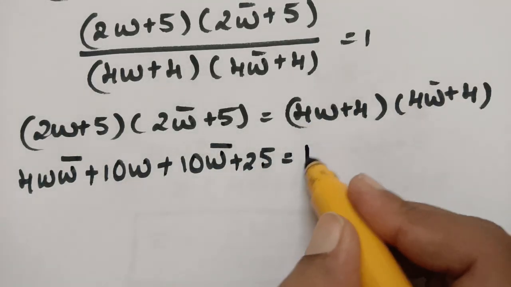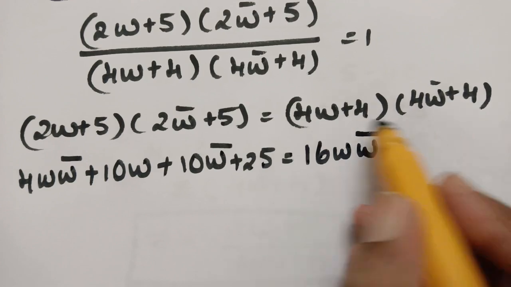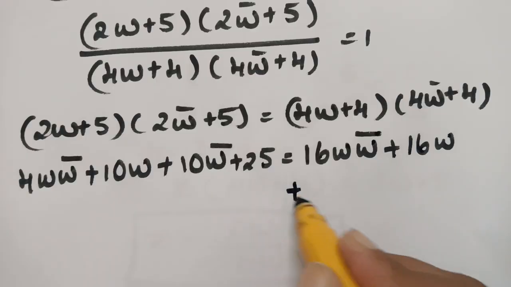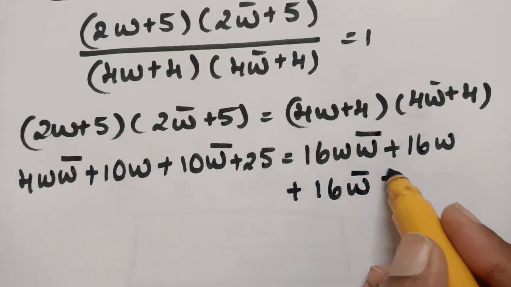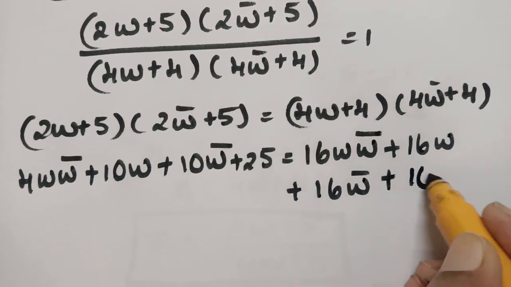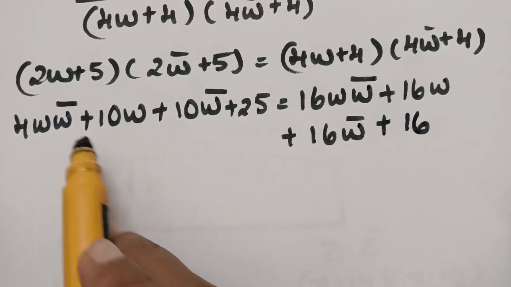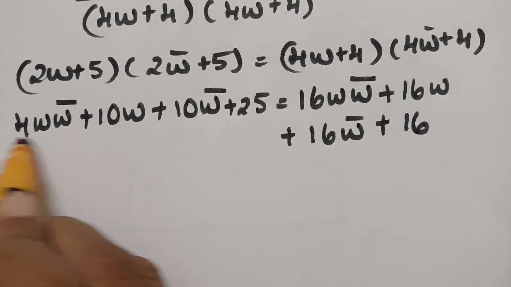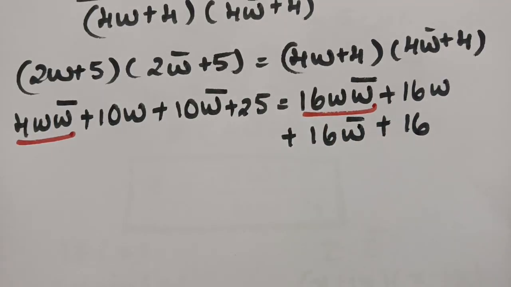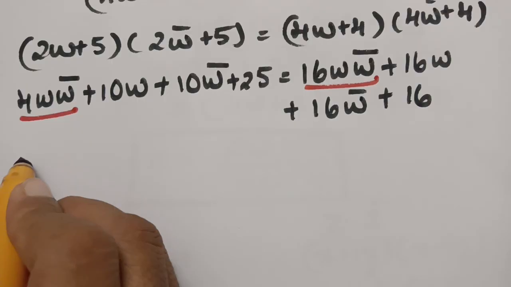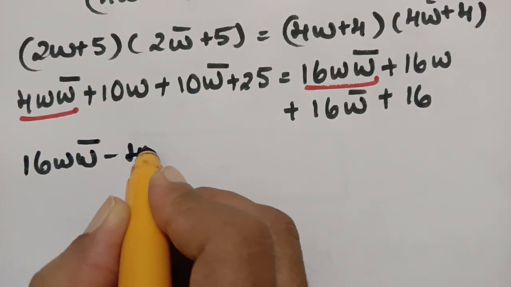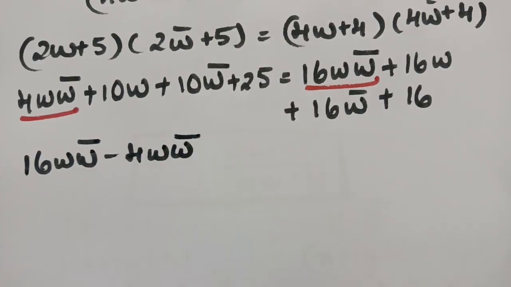Here if I multiply, this is 16w w bar, and this is 16w, and this will be 16w bar, and 4 fours are 16. If I send all these terms to the other side, this is 4w w bar and this is 16w w bar, so this will be 16w w bar minus 4w w bar.